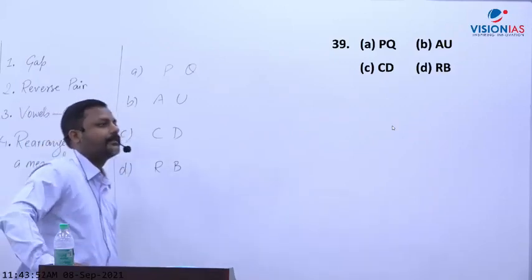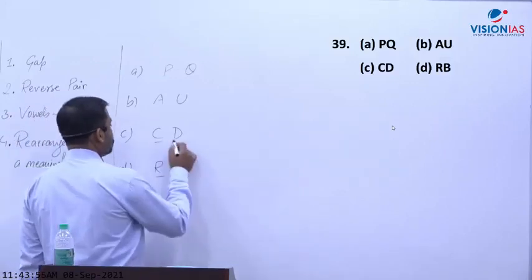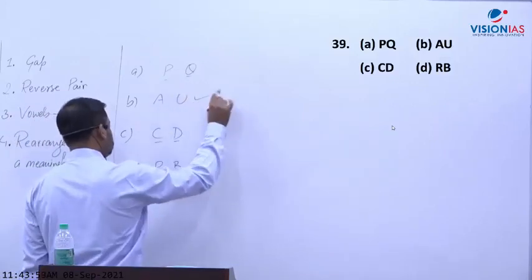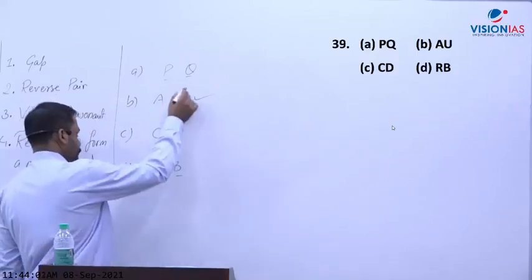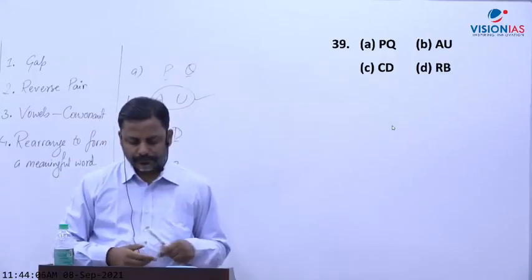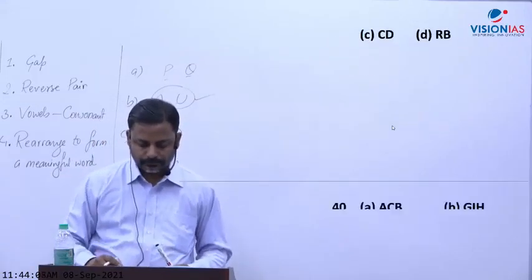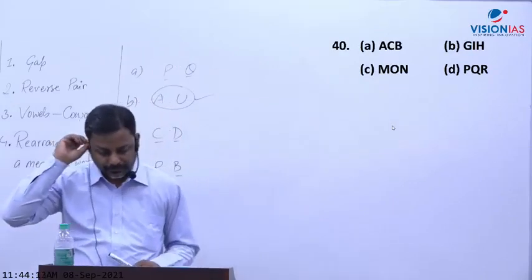AU, yes, as both are vowels. Very good. In the rest of the options, the letters are consonants. But here, the alphabets are vowels. Now, question number 40.